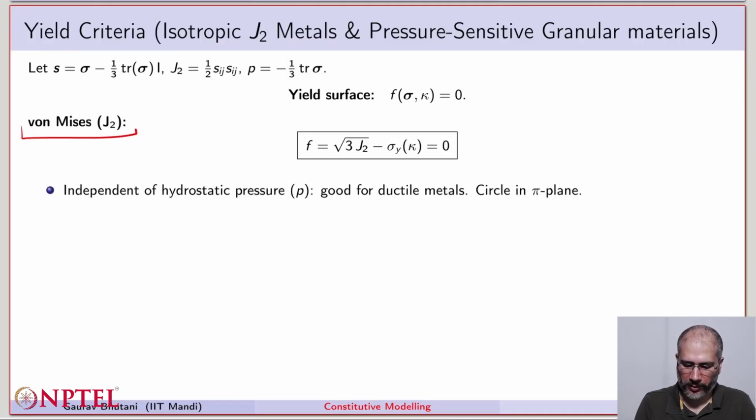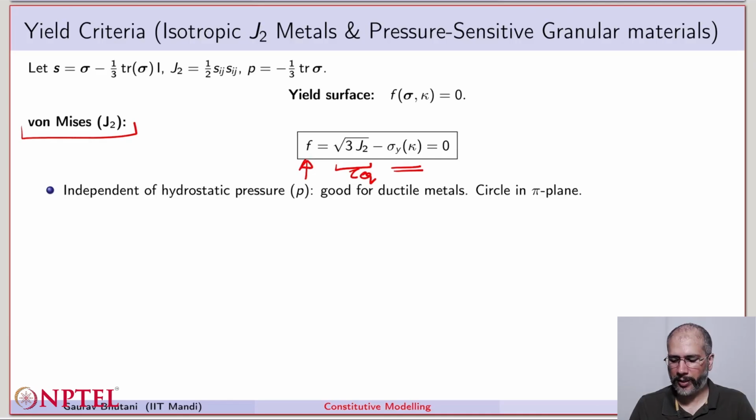So the first model we talk about is the von Mises model, and this model is simply saying that square root of 3 times J2, which is related to our tau equivalent, equals our sigma yield value, which is a function of kappa. So f is given as tau equivalent minus sigma yield equal to 0.